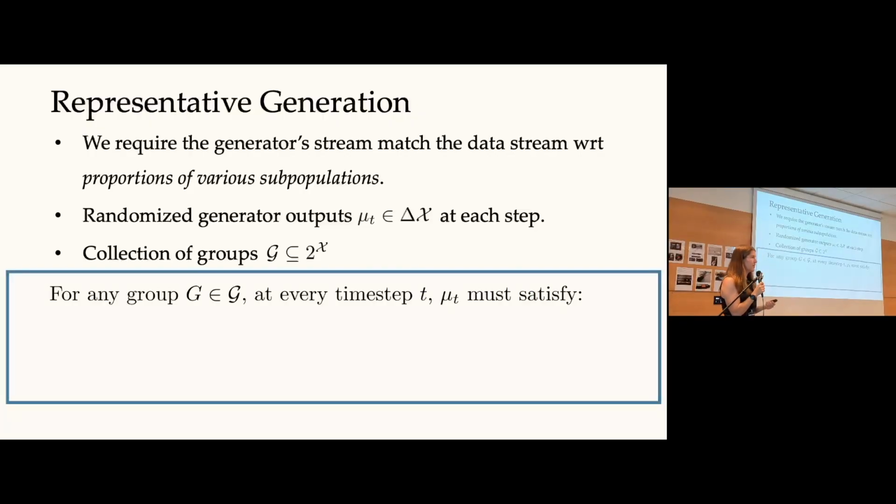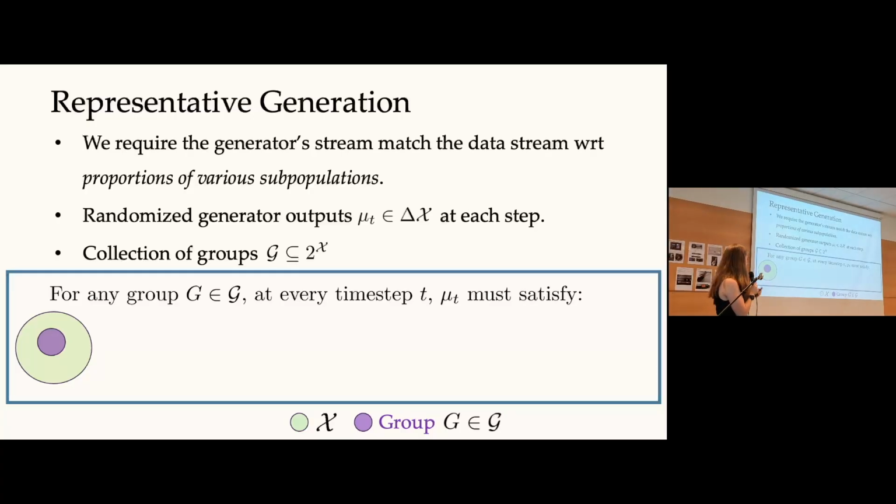The requirement of representative generation is that for any group we care about, and at every time step t, the distribution outputted by the generator, mu t, has to satisfy a particular constraint.